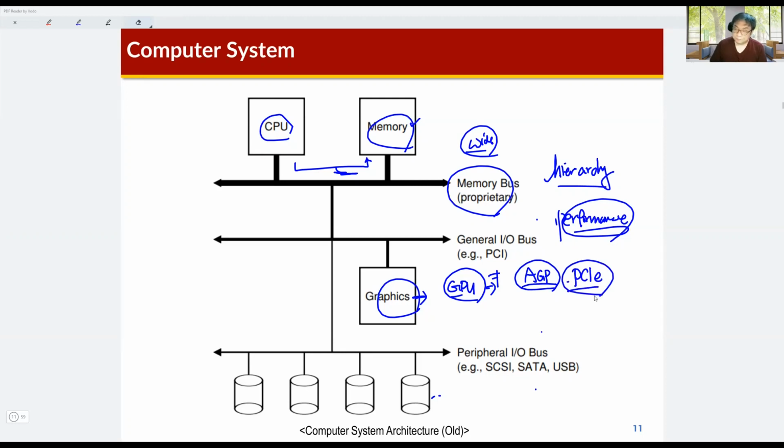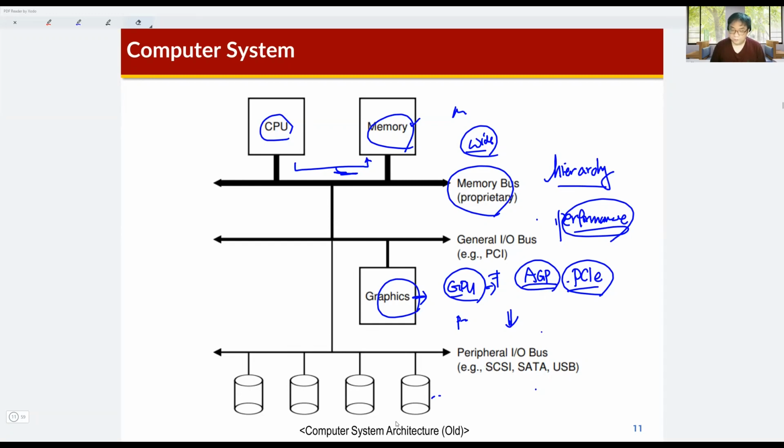But the bandwidth of this AGP or PCIe connection is lower than the main memory bus. It is because the performance of a GPU is lower than the performance of the memory. In the slide, the performance means the data bandwidth of these peripherals, like storages.